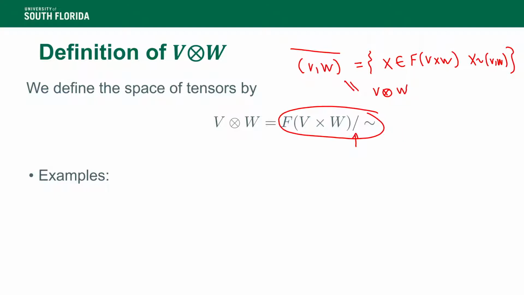And then VW bar is defined as V tensor W. Now let's show that in fact we get the kind of relationships that we wanted. Remember that S contains elements of the form (V1 + V2)W formal minus V1W formal minus V2W.